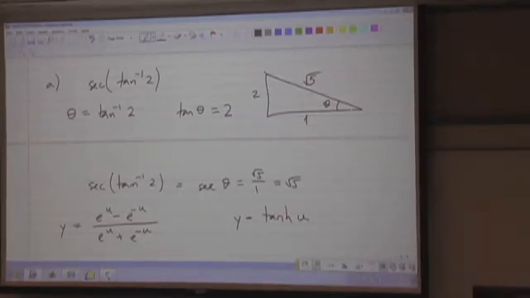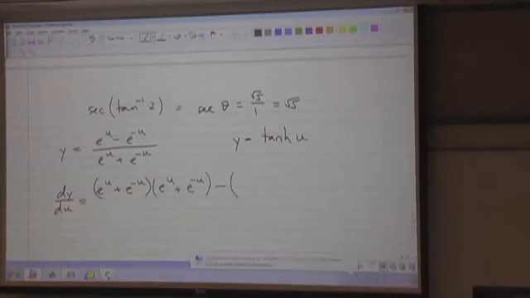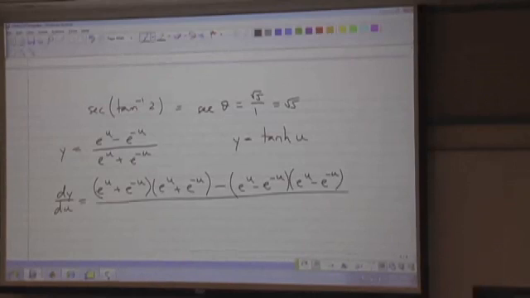Now, if we don't know that, which we don't, dy over du is equal to e to the u plus e to the minus u times e to the u plus e to the minus u, minus e to the u minus e to the minus u times e to the u minus e to the minus u, all divided by e to the u plus e to the minus u quantity squared.